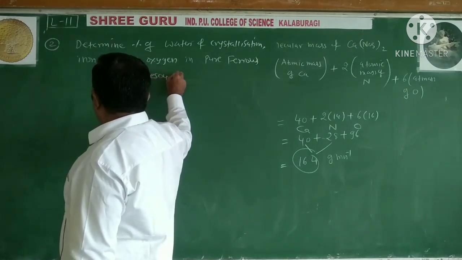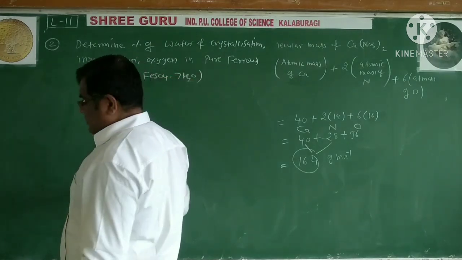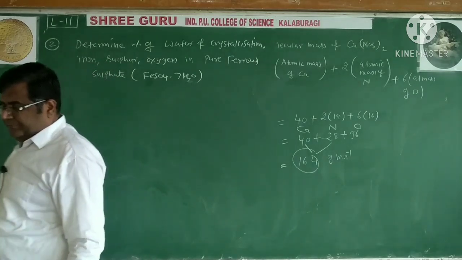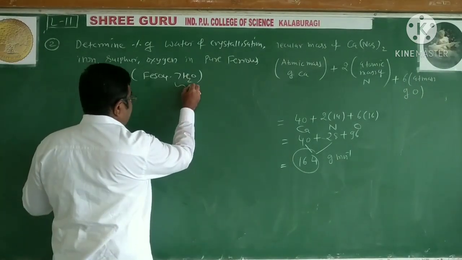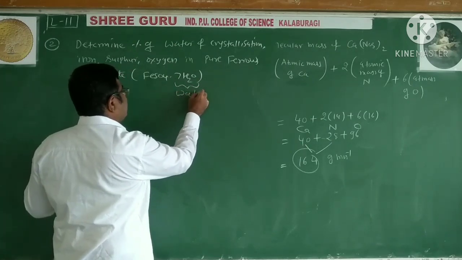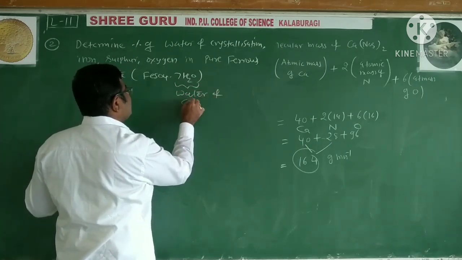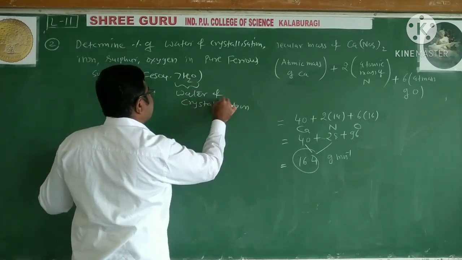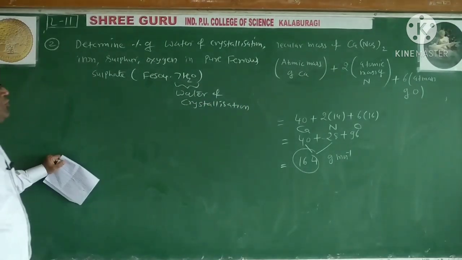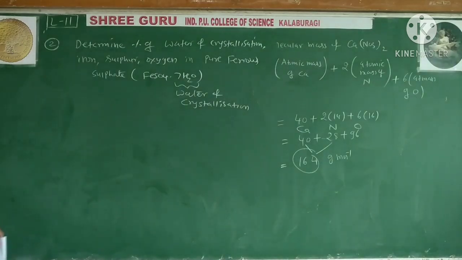Formula is FeSO4.7H2O. This 7H2O, this H2O is called water of crystallization. And we want to know its percentage, iron percentage, sulfur percentage and oxygen percentage also.